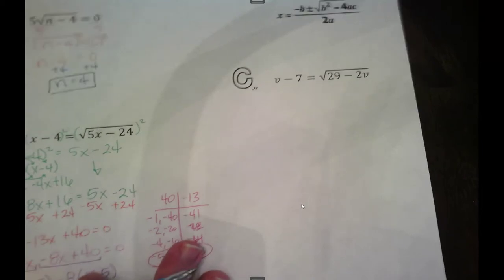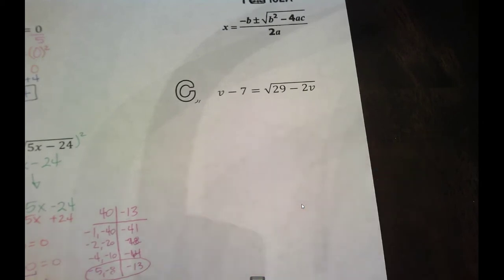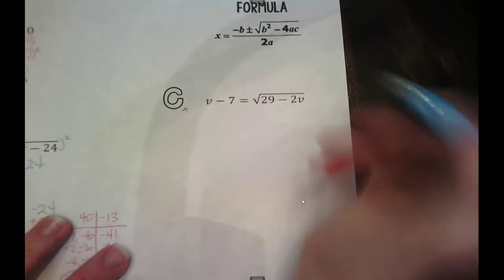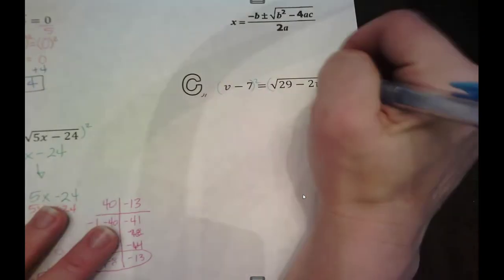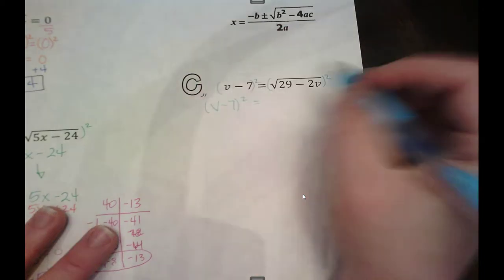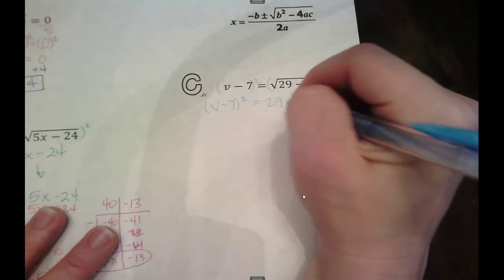All right, let's do another example that I know is going to get me an x squared in my response, and let's use our quadratic formula. So, isolate the radical. It's isolated already. Okay, so let's square both sides, because that's step number 2. We've got v minus 7 squared equals just what's underneath, 29 minus 2v.